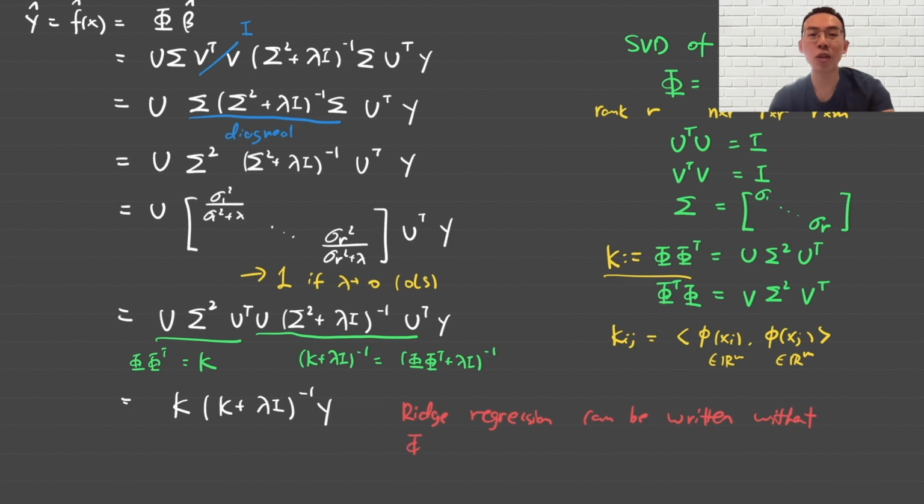That means we don't even need to know our feature map phi to write out the solution for the ridge regression. All we need is the K matrix.